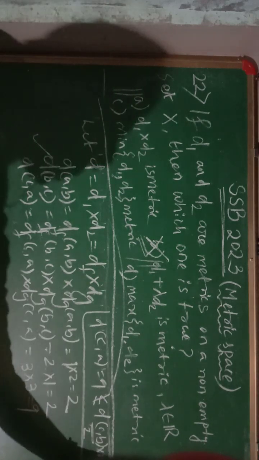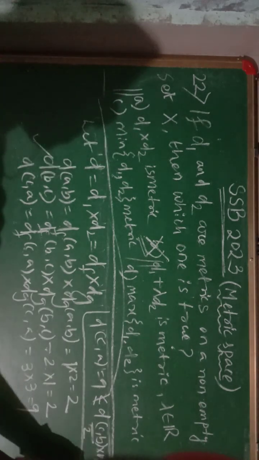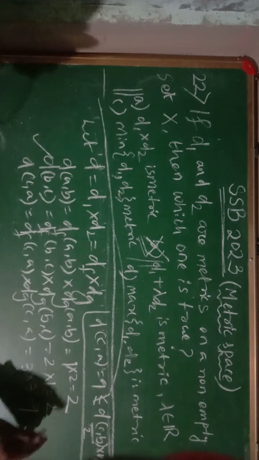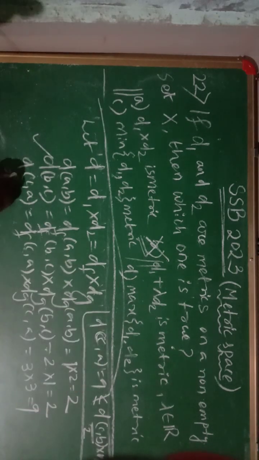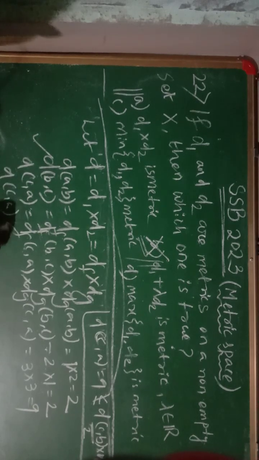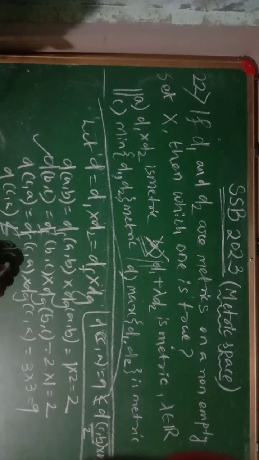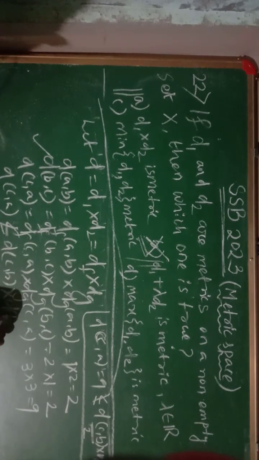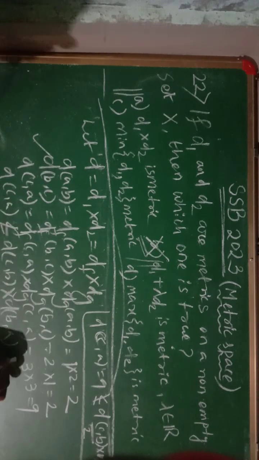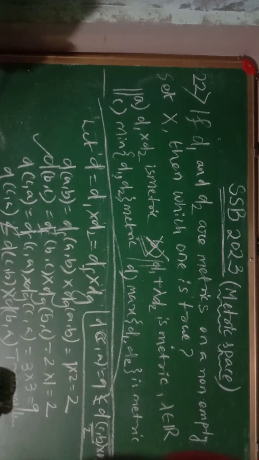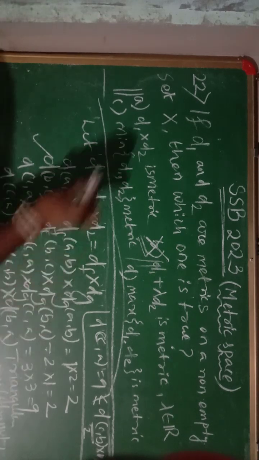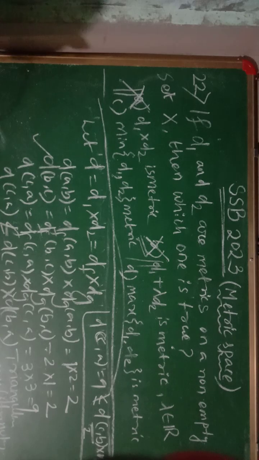Similarly D of B comma A is also 2. So D of C comma A is not less than or equal to D of C comma B cross D of B comma A. So the triangular inequality does not hold here. Not satisfied. So option A is also cancelled.